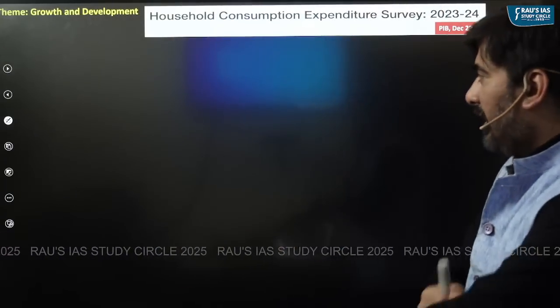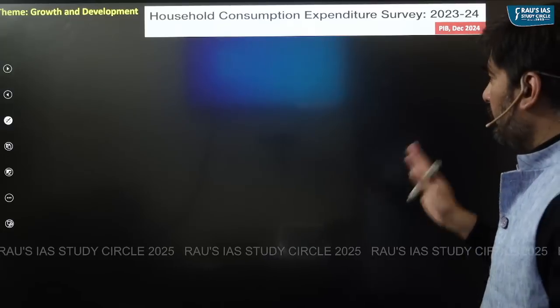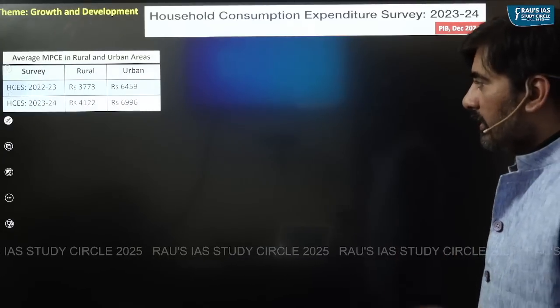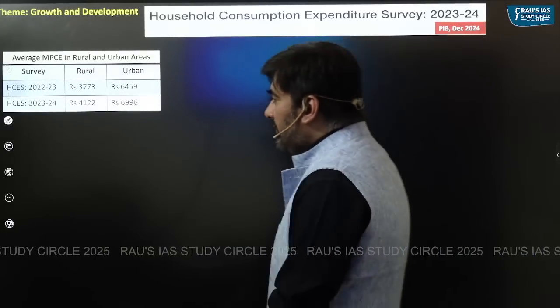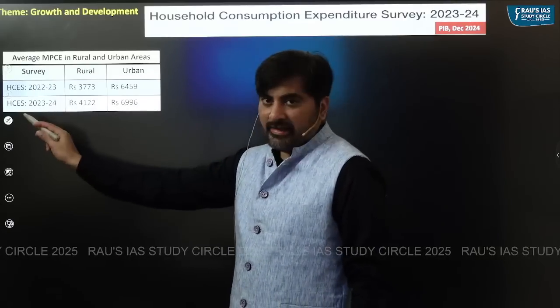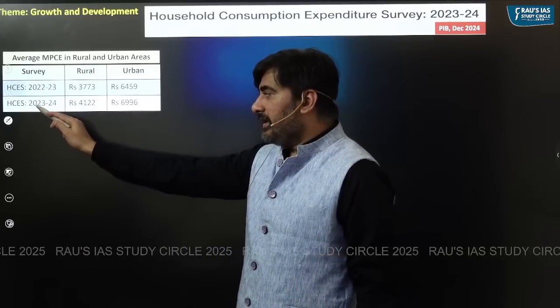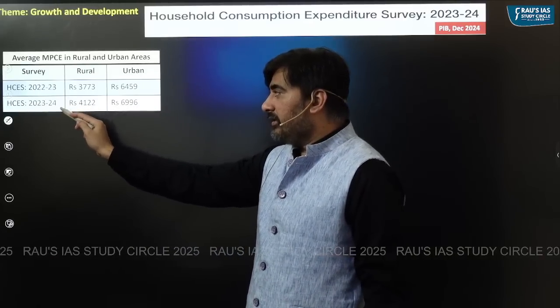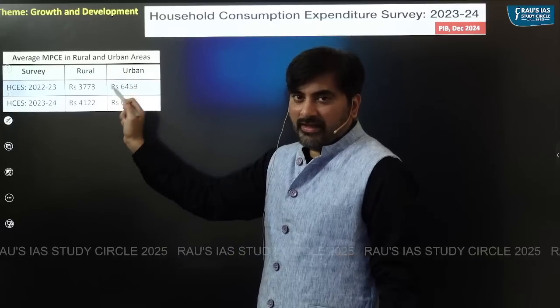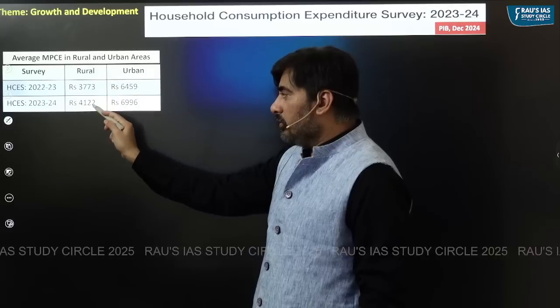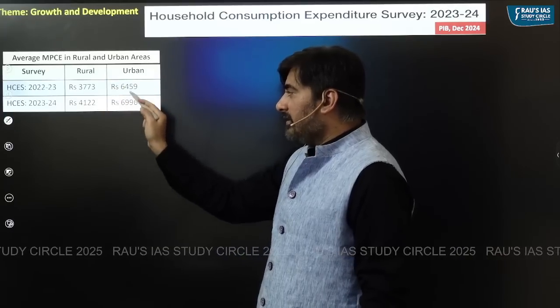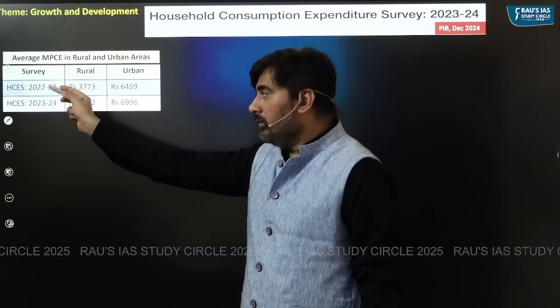So let's understand the trend in terms of consumption expenditure. First one, as you can see, according to the latest household consumption expenditure survey for the year 23-24, the average consumption expenditure in both rural as well as urban areas has increased as compared to the previous year.